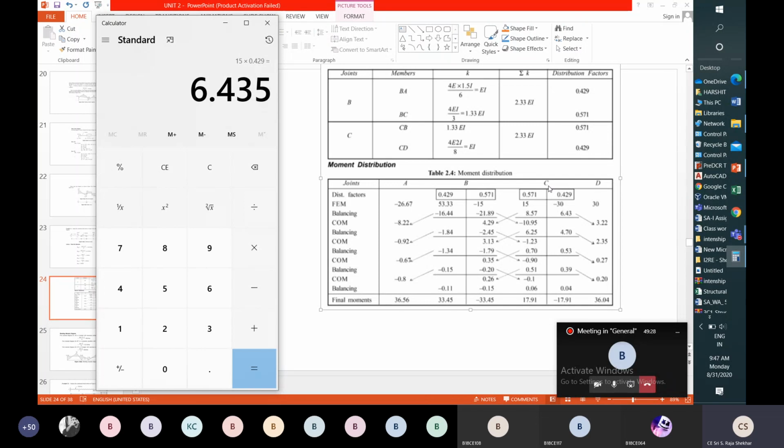That means MCB plus MCD must be 0 అవ్వాలి. అవుతుందో చూడండి. 17.91 plus minus 17.91, 0 అవుతుంది. 0 అవుతుంది కాబట్టి here the moments are balanced. So like that we will calculate final end moments by using the moment distribution method.